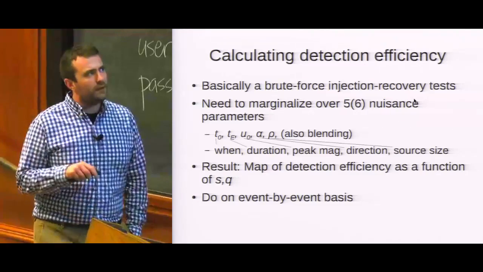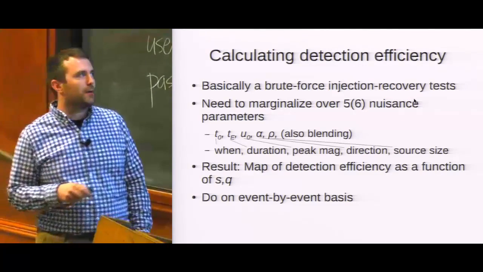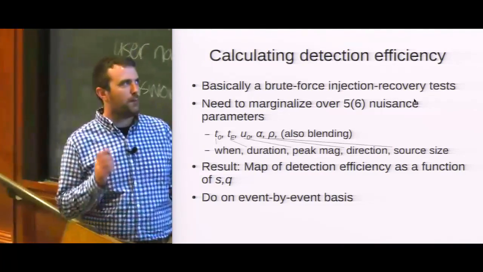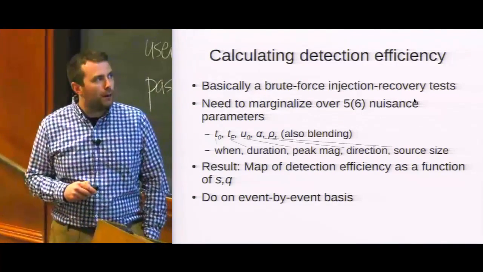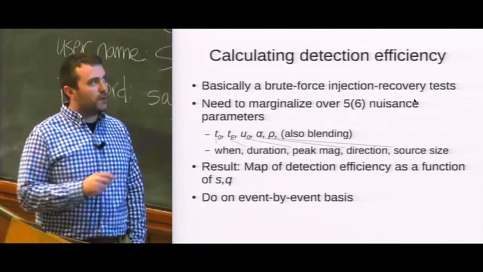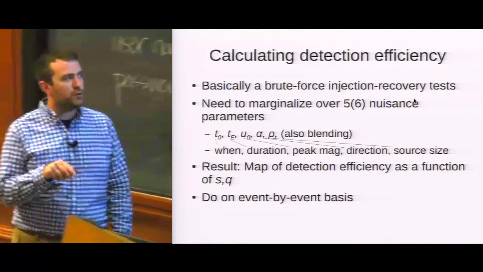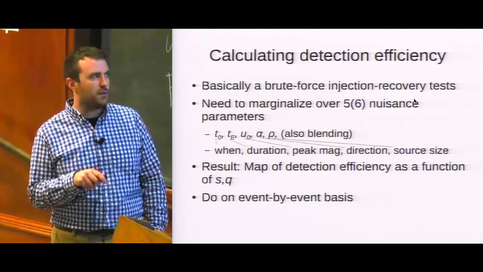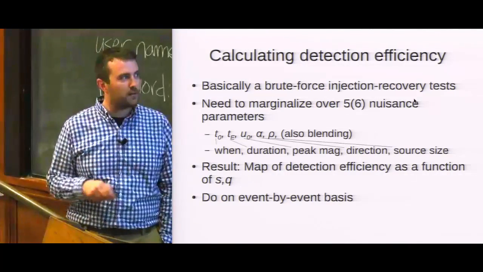And there's a bunch of nuisance parameters you need to marginalize over, like when the event happened, how long it was, the impact parameter, things like that. But if you marginalize over those, you can produce a map of detection efficiency as a function of the interesting parameters, the projected separation and mass ratio.